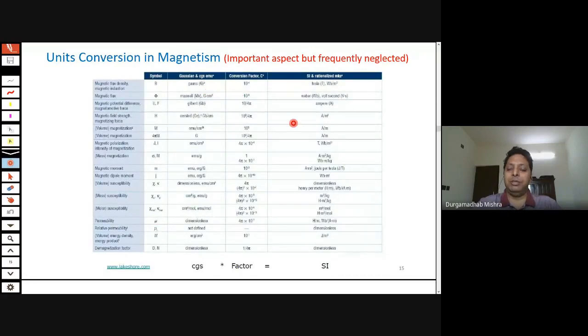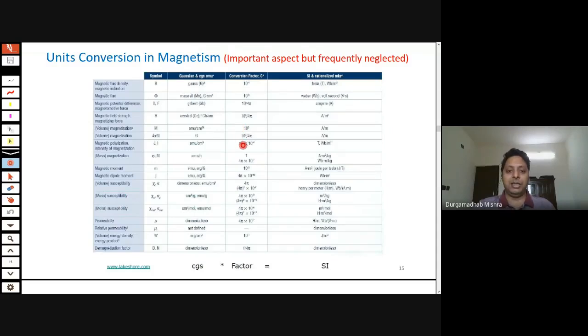This is a table which is always handy to keep with you. If you are working with magnetic materials, you can use it to convert from Gaussian or CGS units to SI units. People are still using CGS units. And look, the conversion factors are not straightforward, okay? It is not just some linear terms you can add or multiply to go to SI units.